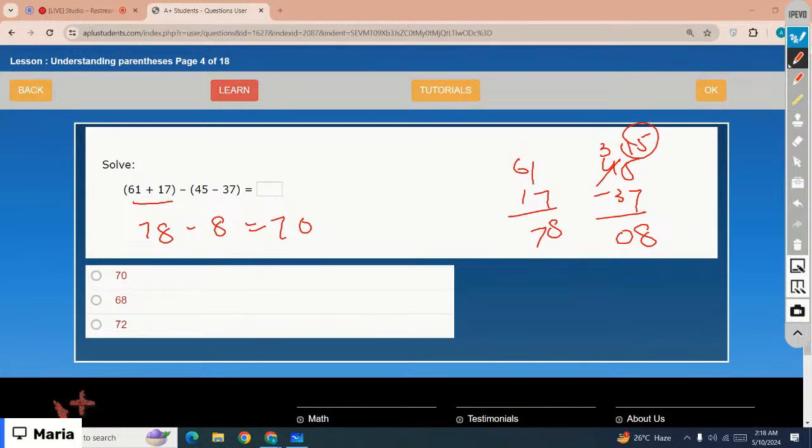The correct option is 70. Got it? The correct option is 70.